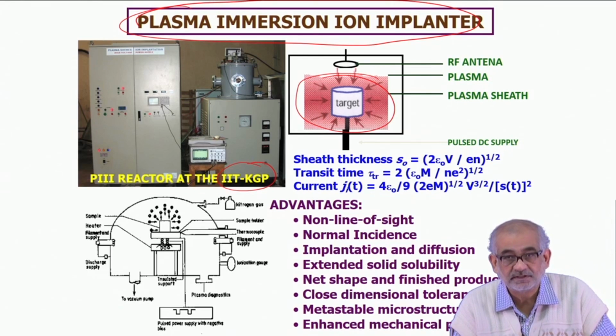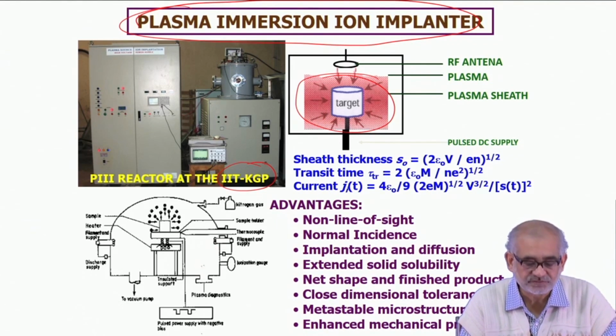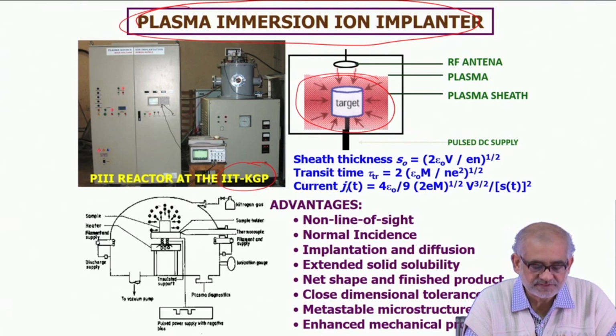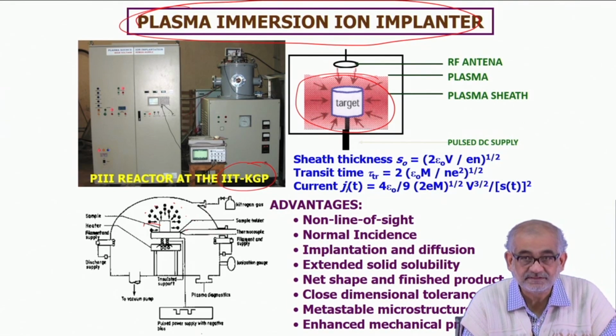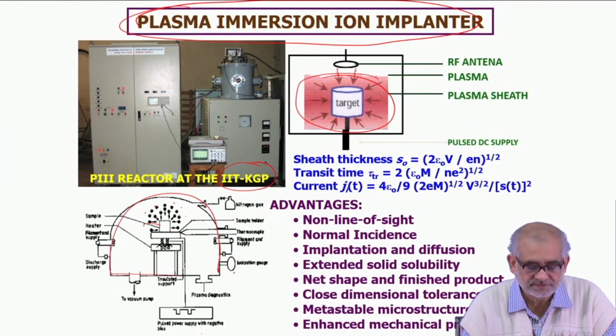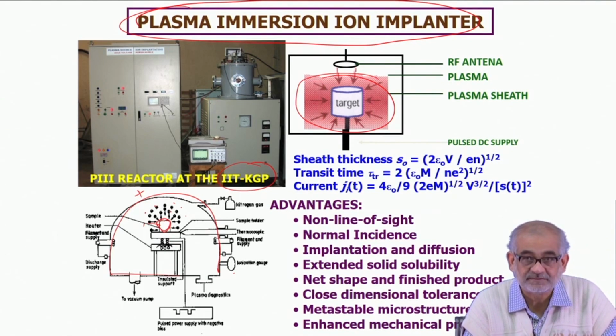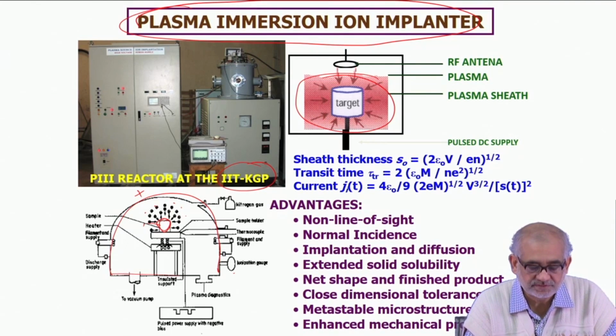This was a special facility created through a special grant from the Department of Science and Technology, and we actually made very substantial use of this. So this is what I was trying to say: you create these nitrogen ions, cations, and when you apply an electric field, the advantage here is that this whole chamber is your anode, and this sample, whatever its shape, dimension or contour, is your cathode.